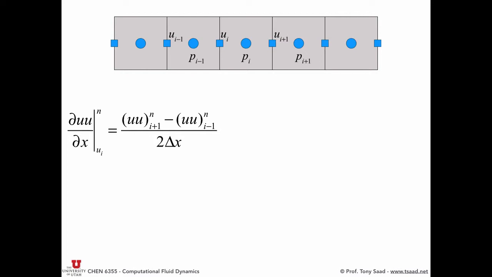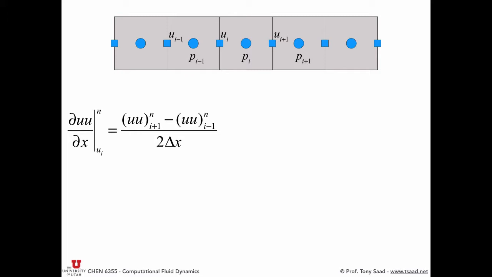Okay? So you agree that everything on the right-hand side of the momentum equations needs to be computed at the same location of that momentum equation. So all the right-hand side terms of u_i need to be computed at this point here. So therefore, I'm writing d(uu)/dx at u_i. I'm just going to take a simple central differencing.